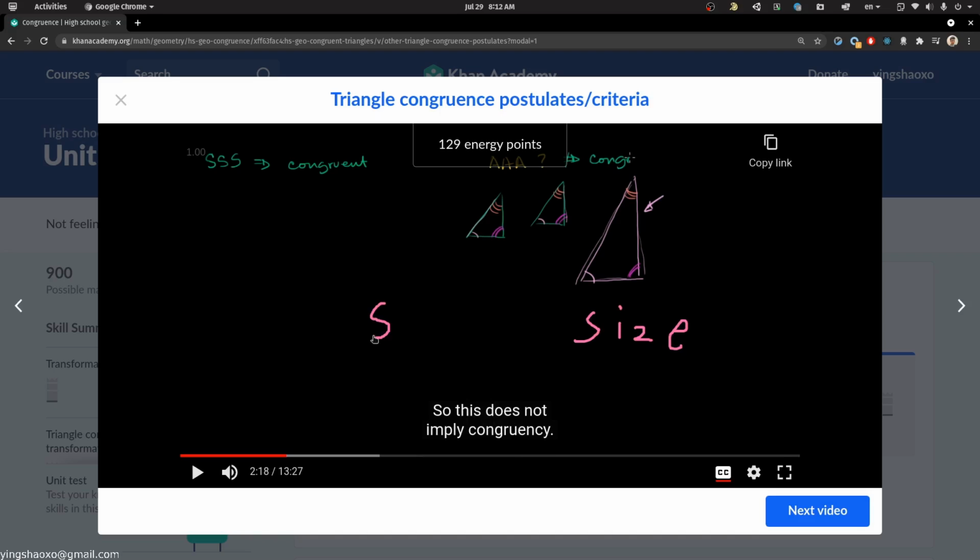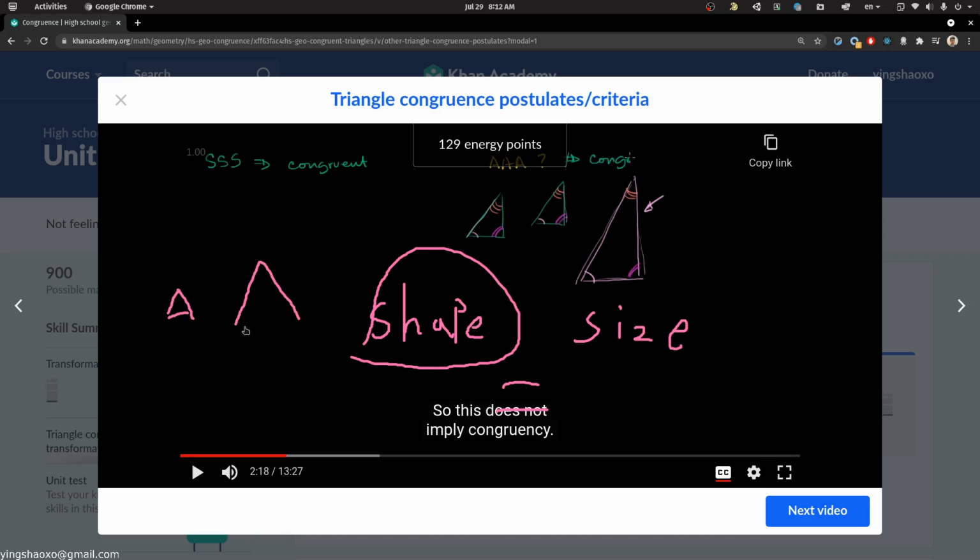Only if they have the same shape and the same size would they consider the two objects equal. If two objects have the same shape, it may mean that they are both, for example, triangles but with different sizes, or they are both squares but with different sizes, something like that.